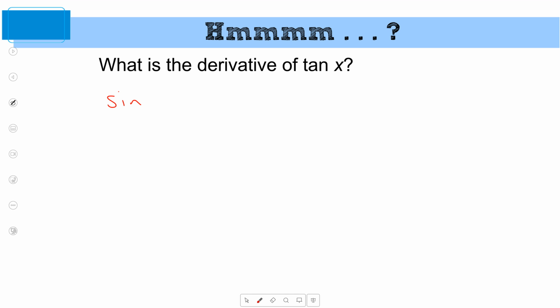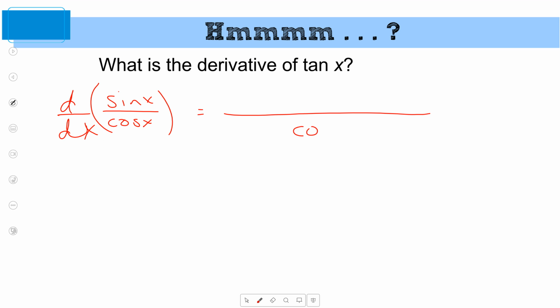We would do sine x over cosine x, and then take the derivative of that, which would be cosine squared x on the bottom, cosine up on top. Derivative of sine is cosine, minus big honking bracket, the numerator, times the derivative of the denominator.